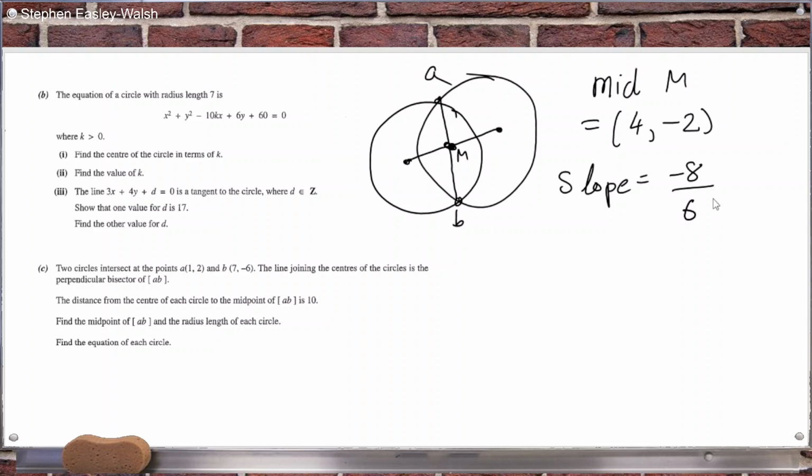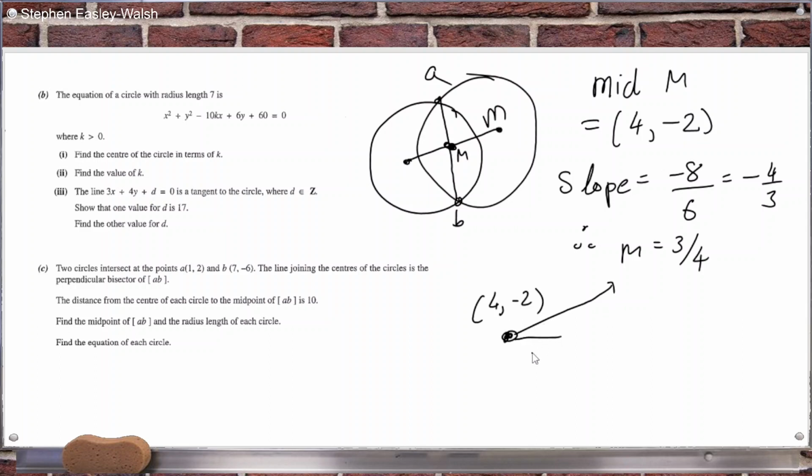minus 1 is 6. So that slope is minus 4 over 3. But this slope then therefore would be 3 over 4. So we're at the point here (4, minus 2), and we'll have to go up 10 units.